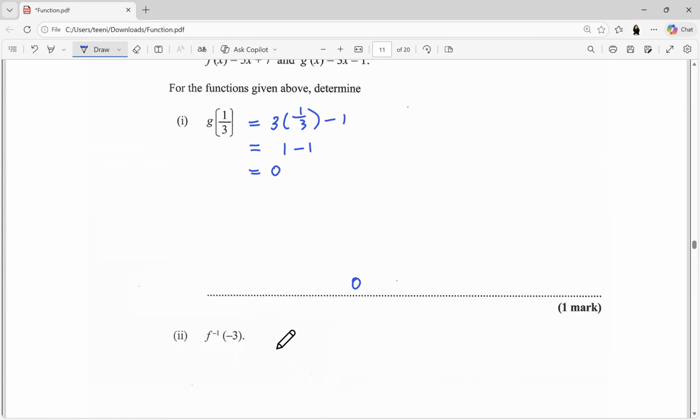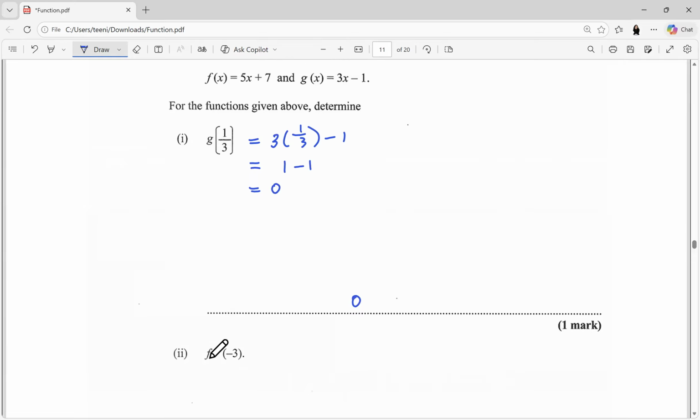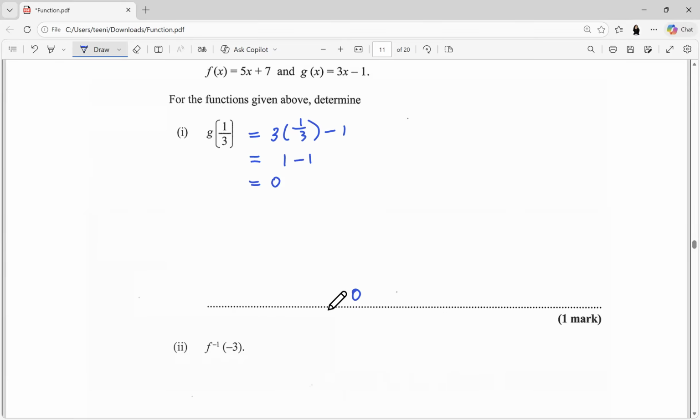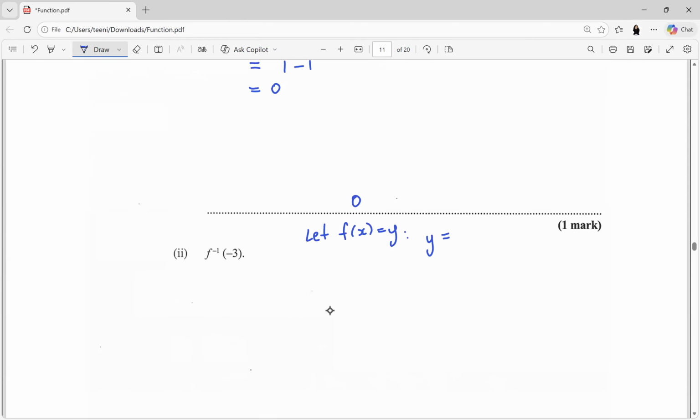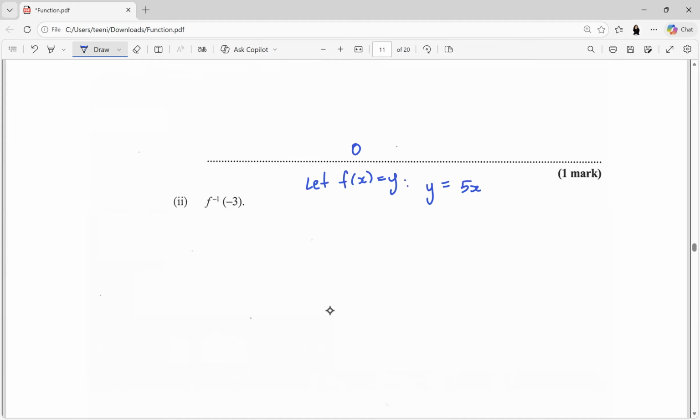F inverse of -3 means we need to find f inverse first and then substitute -3 for x in there. So let f of x equal y. So y would be equal to 5x plus 7. Then we interchange x and y. That gives me x is equal to 5y plus 7. Then we make y the subject.